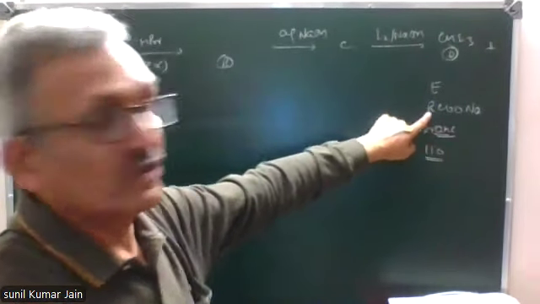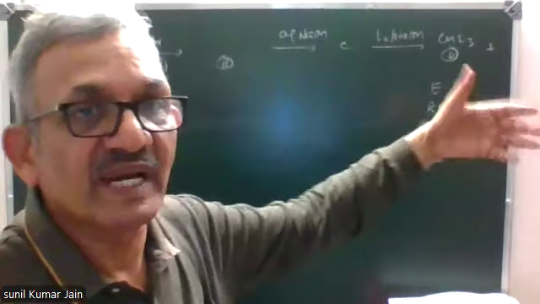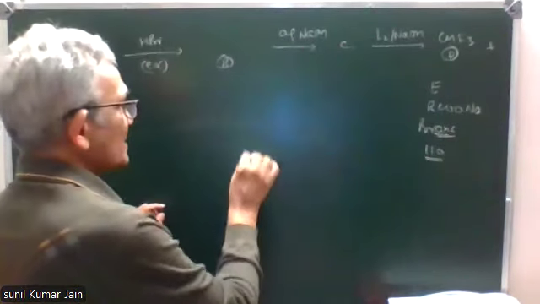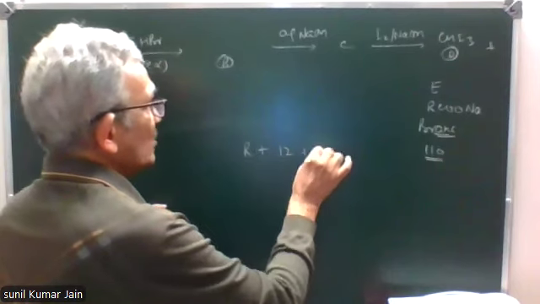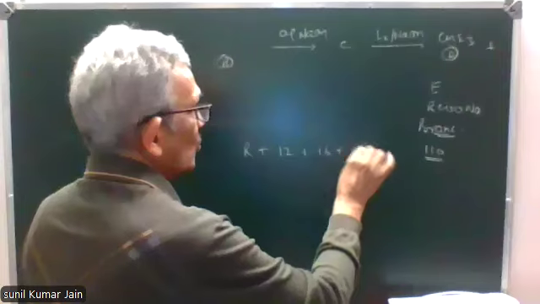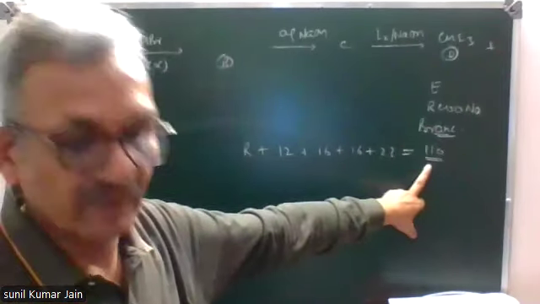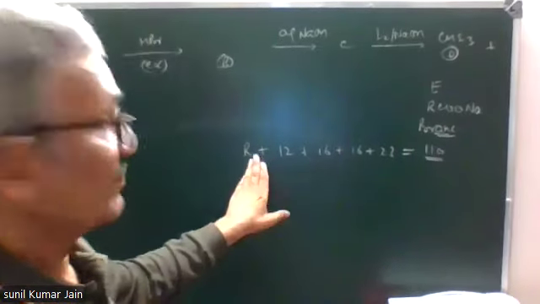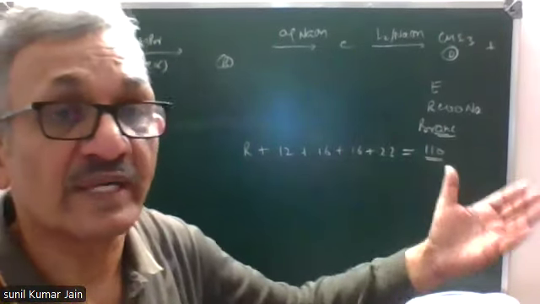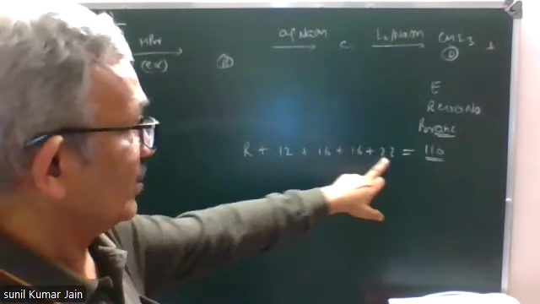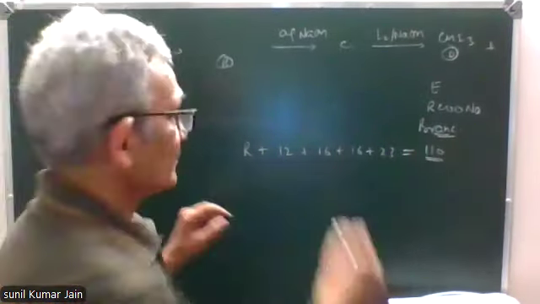First of all, we'll find out what is R, whether this is methyl, ethyl, propyl, what is the alkyl chain. So R, C, O, O, Na is equal to 110, right? R we have to calculate, what is the contribution of R in the molecular weight, plus carbon 12, O, O, Na, 110.